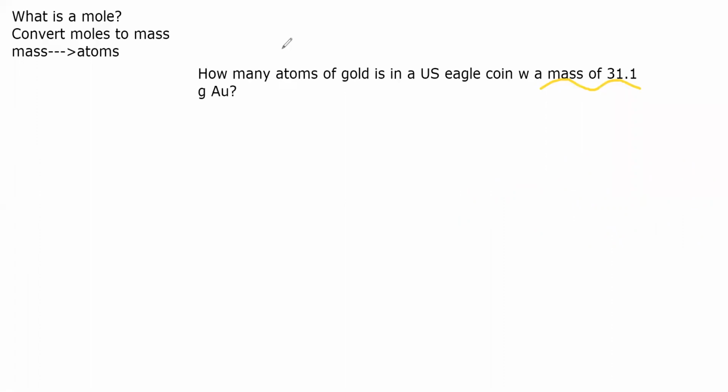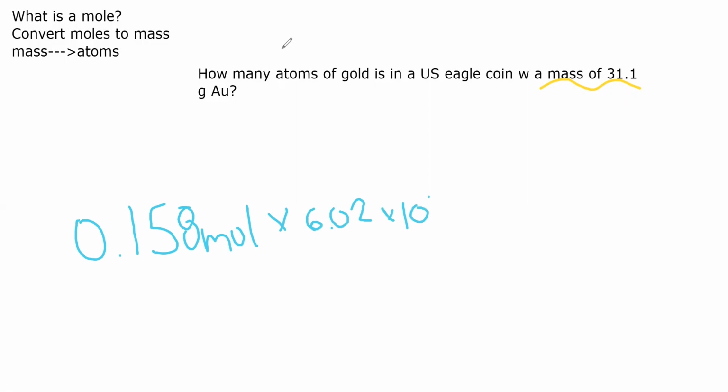Okay, so moles to atoms now. So we can take the moles, 0.158 moles, multiply that by the number of atoms in each mole. We found that before, I was talking about that before, with Avogadro's number. So that's where it comes into play.